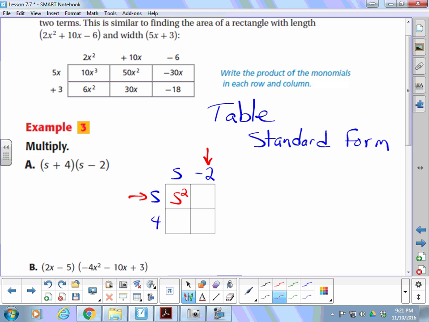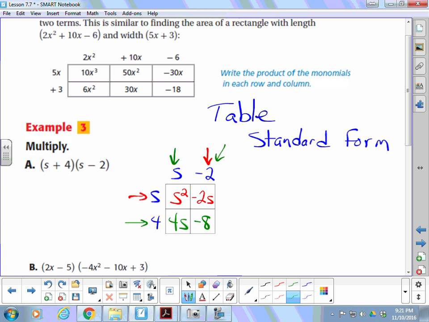So that gives me negative 2s. Then we will multiply the second row by each column. So 4 times s gives me 4s, and 4 times negative 2 is negative 8.